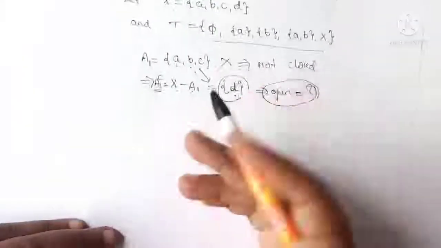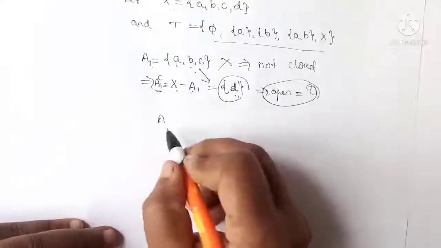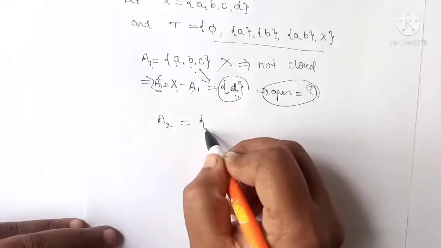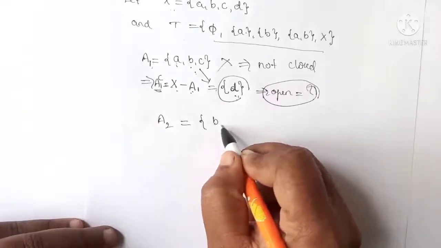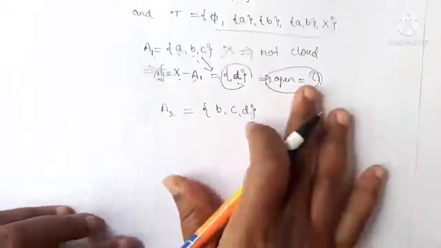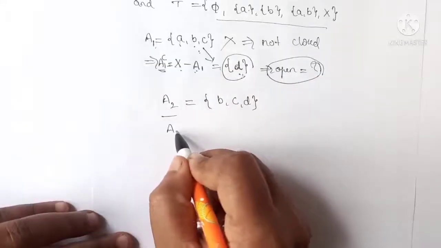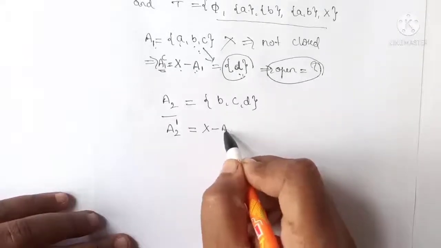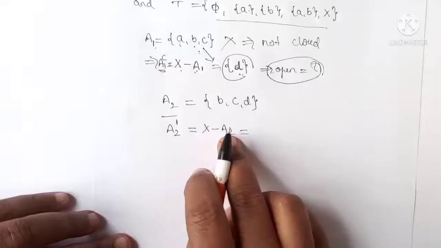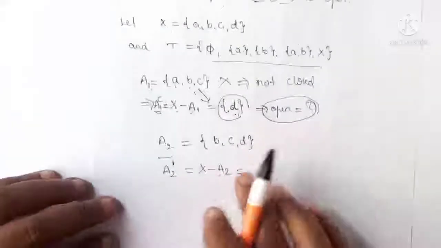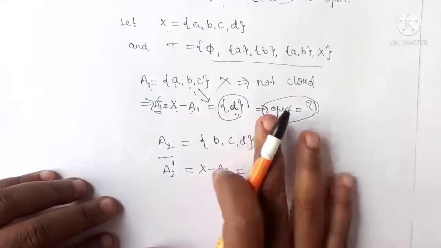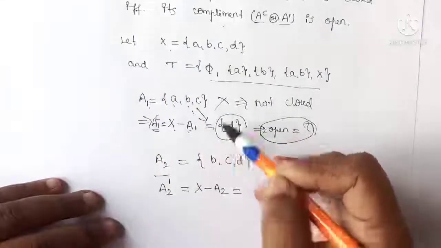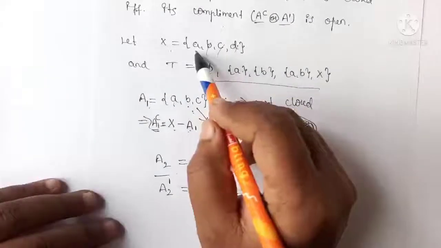Similarly, you can consider any other example. I will take this as A2, so A2 is equal to {B, C, D}. If you take the complement of A2, that is A2 dash, it is X minus A2. Except B, C, D we have to write the elements of X, so only A remains.